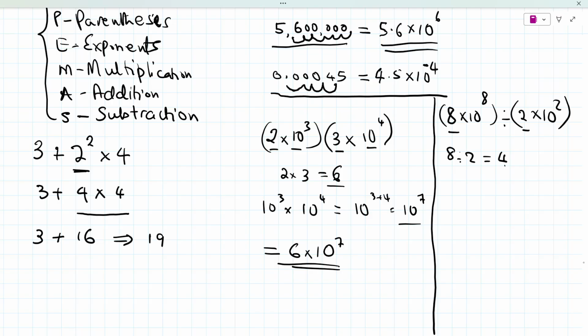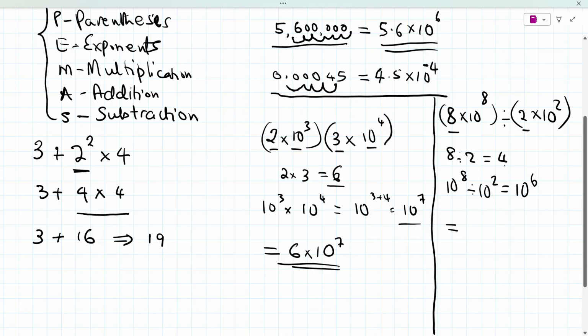And then we have to divide the exponents. 10 to the power 8 divided by 10 to the power 2 will give us 10 to the power 6, because 8 minus 2 gives us 6.